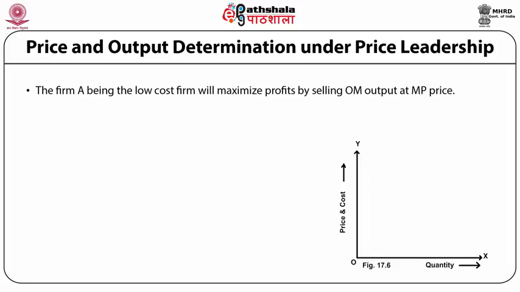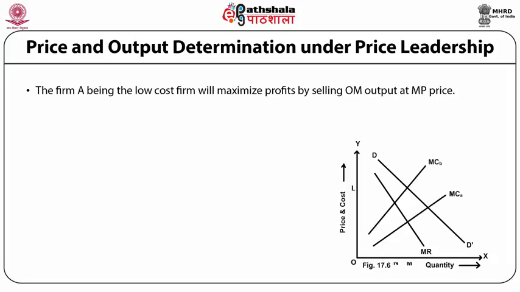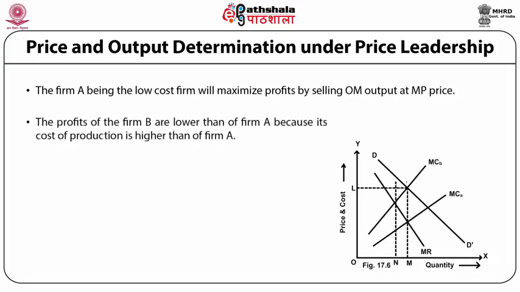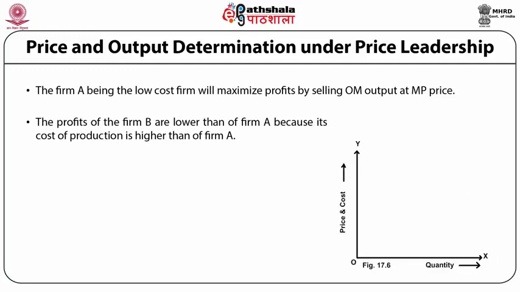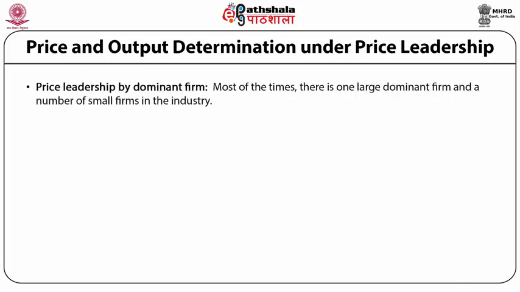Firm A, being the low-cost firm, will maximize profits by selling OM output at MP price. The profits of firm B are lower than those of firm A because its cost of production is higher than that of firm A. Price leadership by dominant firm.